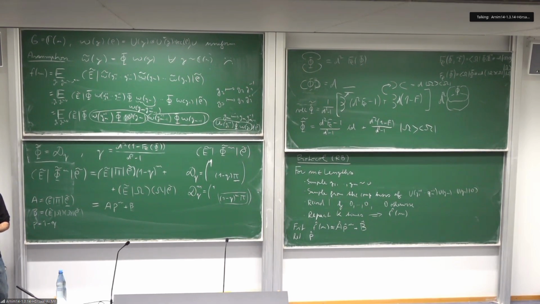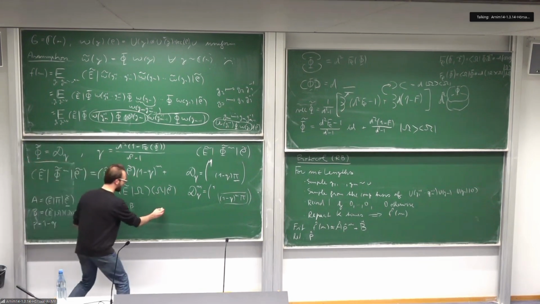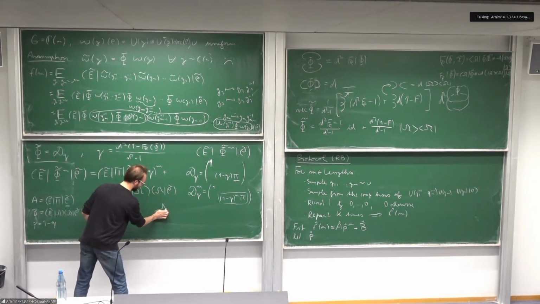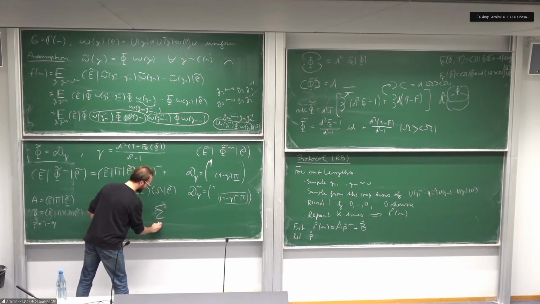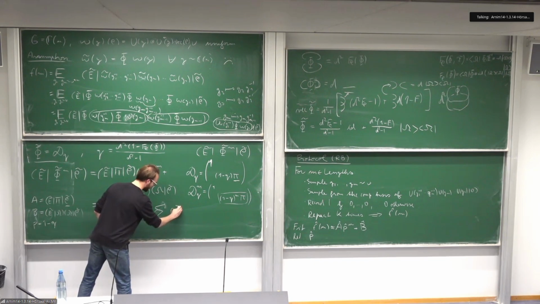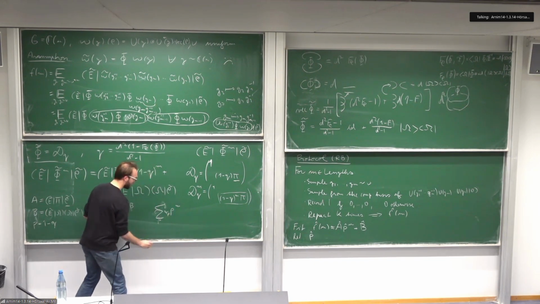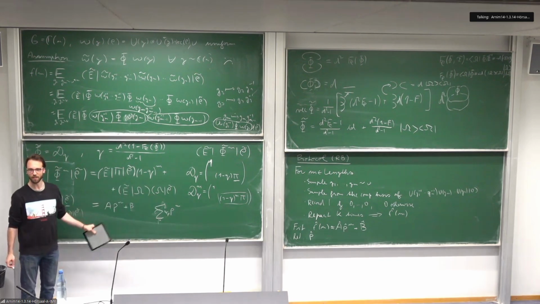I think it's difficult to find more than one value. In general, it's going to look like this: a sum over p of p to the n with some alpha p, and fitting this is not possible.